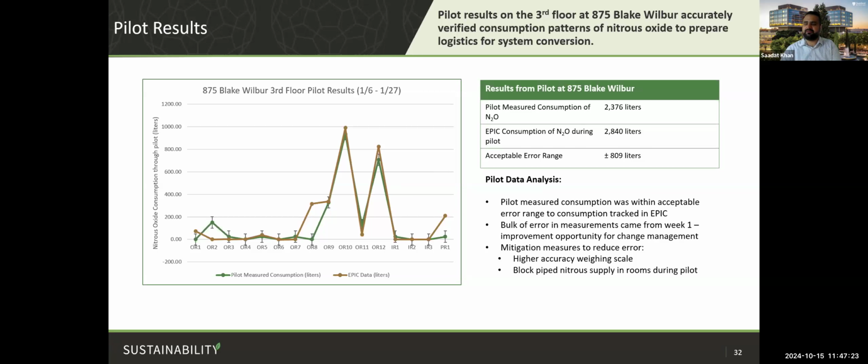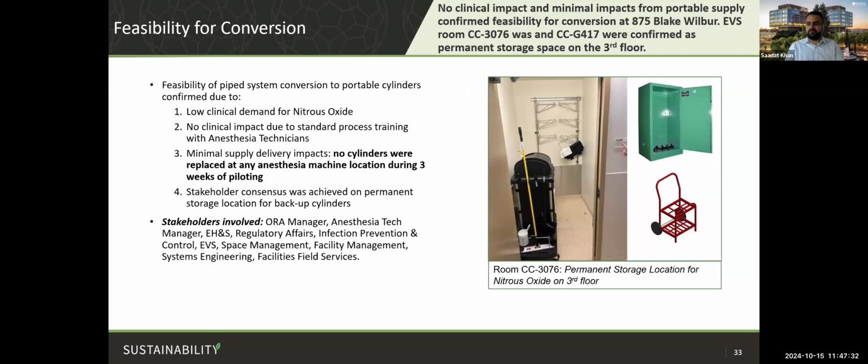And those results, ever since we've done this, have maintained themselves at the rate at which we're using nitrous oxide, which shows that it is incredibly feasible to move from the central supply system to a portable supply system because of the low amount of clinical demand for nitrous oxide, without any impact. And so, as I said, no cylinders were replaced at any anesthesia machine location during the 3 weeks of piloting.